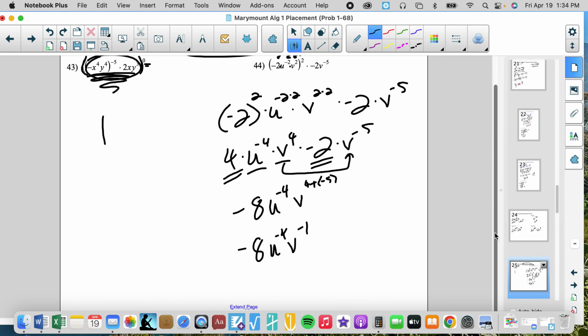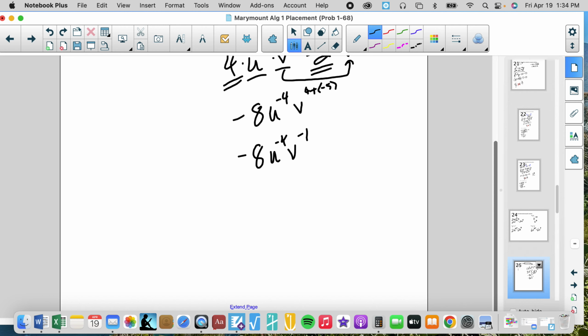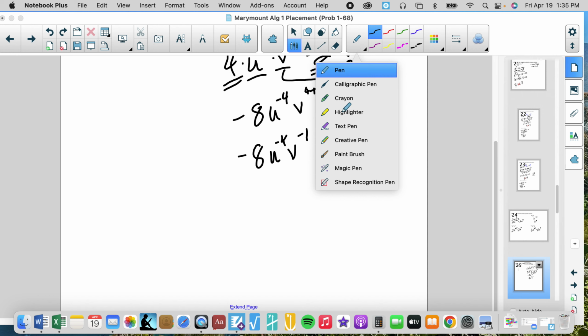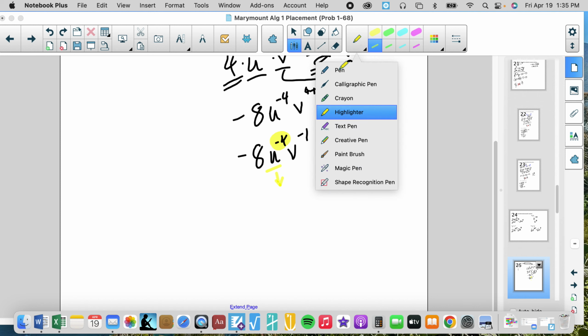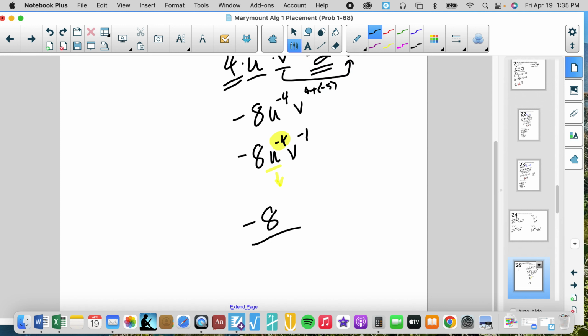So we are going to get rid of those negative exponents. When we change the sign, we're going to change the location of the base. It's in the numerator, so we're going to move it down. The coefficient is going to stay up in the numerator. u becomes u to the 4th. v just becomes v. We would never write it as v to the 1st.